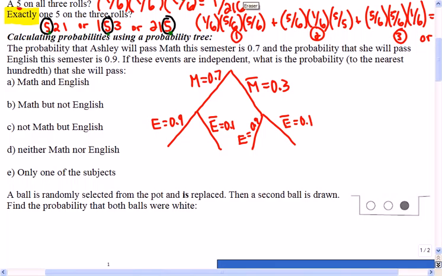So if I'm taking a look at the first one, to pass math and English, that means if I follow my experiment, this is where I've headed. Pass math, passed English. So that takes me down here at 0.7 times 0.9. Okay. So that's going to be 63%.